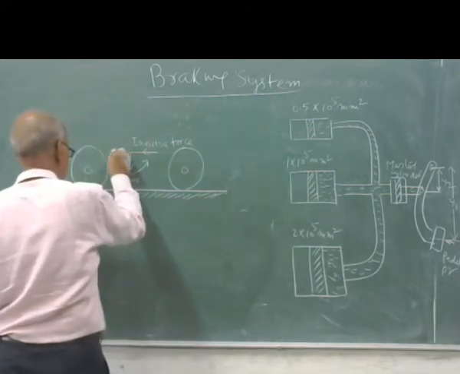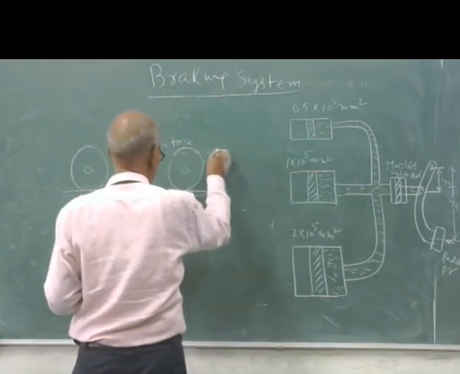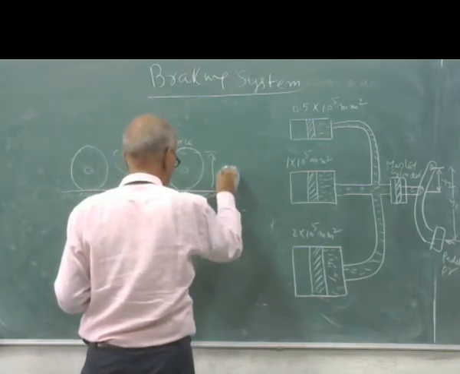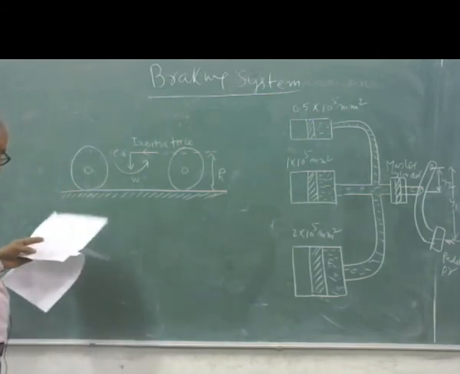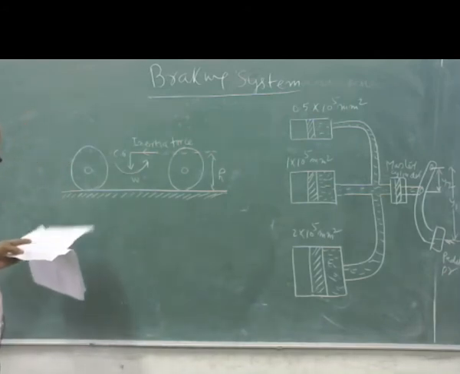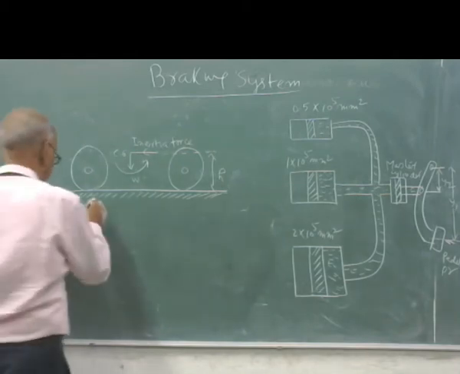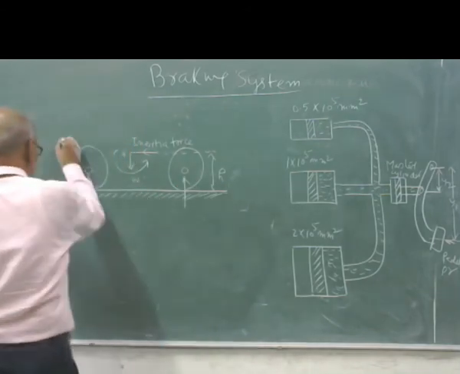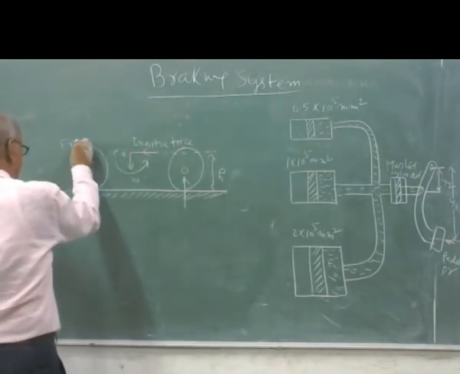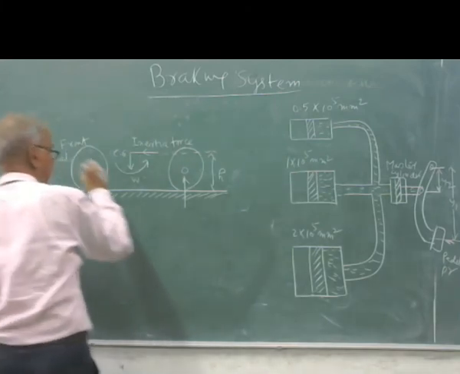This is the CG, center of gravity of the vehicle, and this is the distance of the center of gravity from the bottom. Okay? Then we can say that here and here, this is the front wheel, this is the rear wheel.